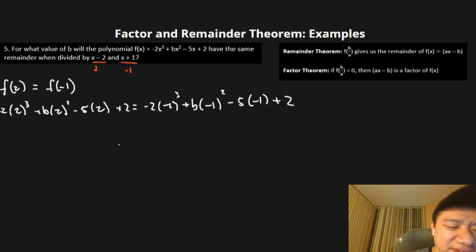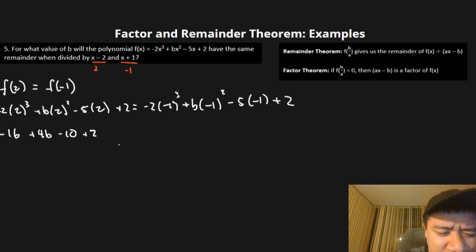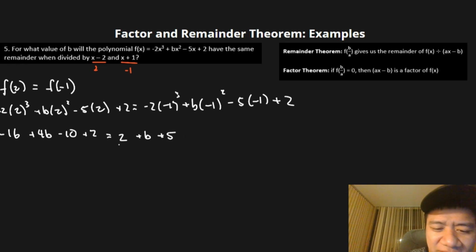Alright, good stuff. Let's simplify things. This gives us negative 16 plus 4b, oh wait, not plus, minus 10 plus 2, equals 2 plus b plus 5 plus 2.